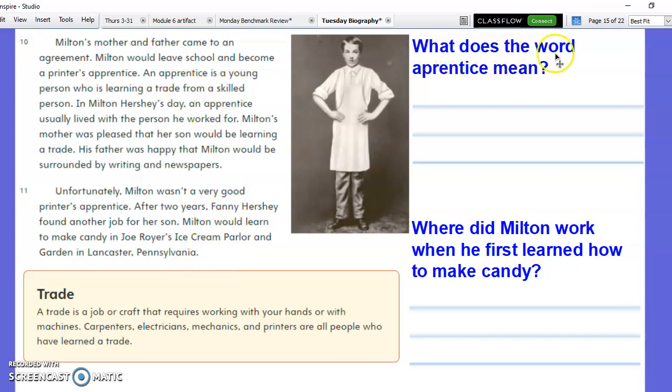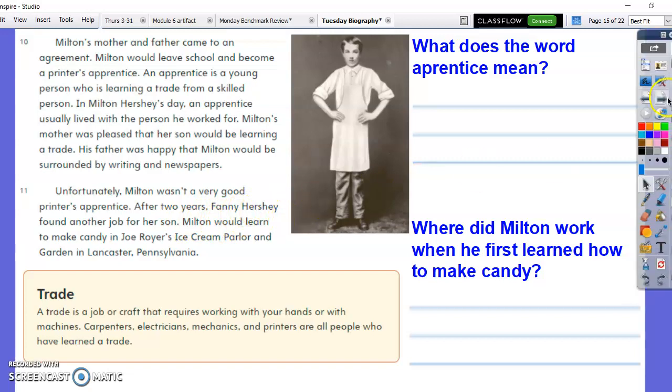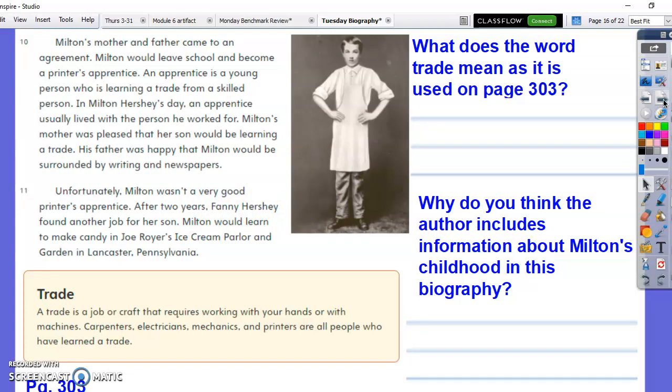It says here, what does the word apprentice mean? The definition is here in the text. And here it says, where did Milton work when he first learned how to make candy? It's in paragraph 11. Also here it says trade.